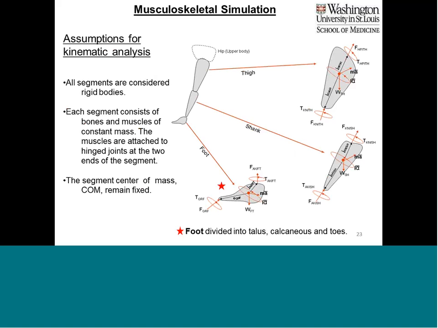So here we see the lower extremity with the hip joint, and in my model, which is also the same in the gait model, the foot was further divided into the talus, the calcaneus, and the toes. So there were about 6 segments in the lower extremity, including the hip joint.